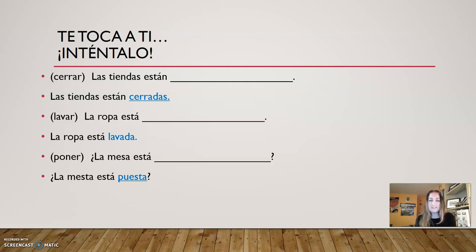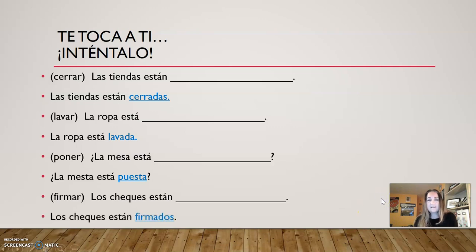It should indeed be mesa, not mesta. Y finalmente, los cheques están firmados. Firmado is the past participle, and I make it plural to match.